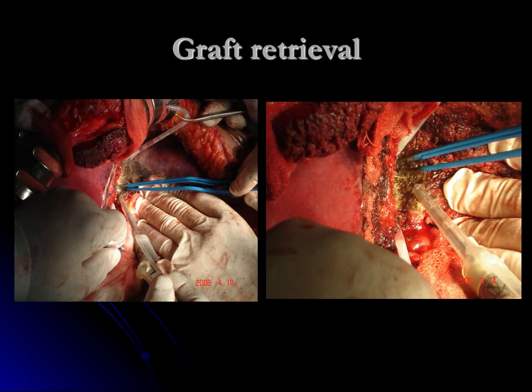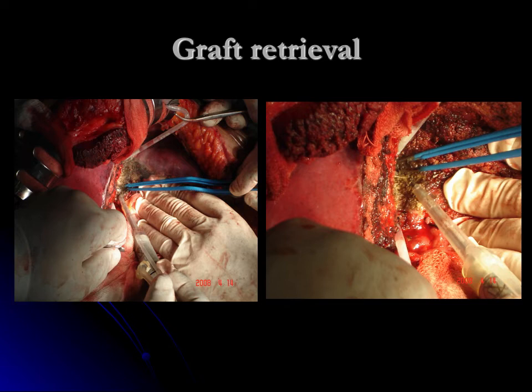In the case of living donor liver transplant, there is a hepatectomy operation that should be done for the donor. This hepatectomy is like a normal hepatectomy, but we have to take care of the graft that we resect, because this graft will belong to the recipient and will be implanted in the recipient, so it should be intact.